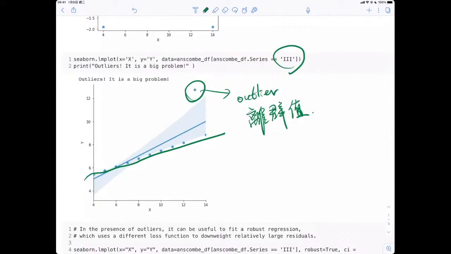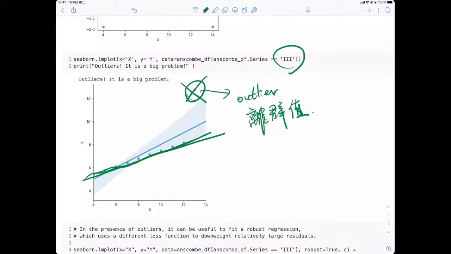If you know it is an outlier and you delete this data point, then you can draw a perfect linear regression line for this data. However, because of the outlier, the model says the blue one is much better. However, as human beings, we know that it's an outlier.